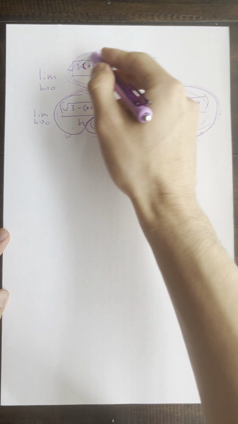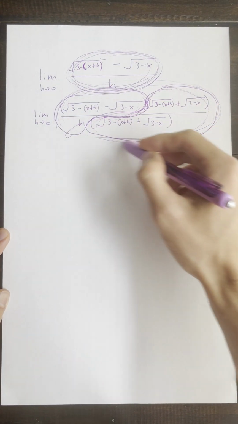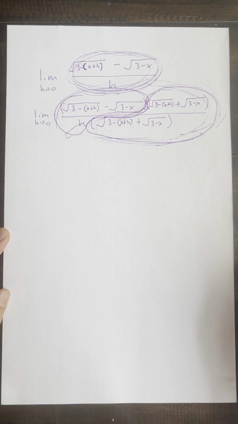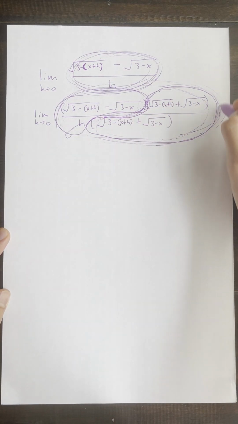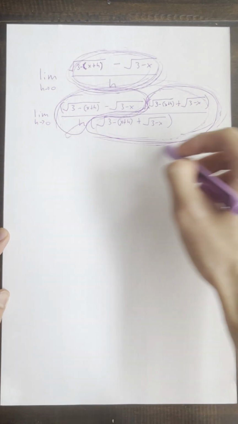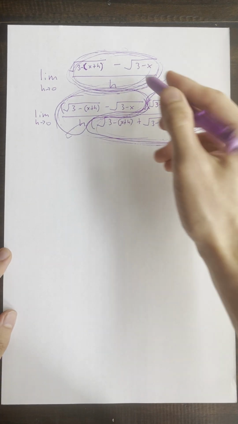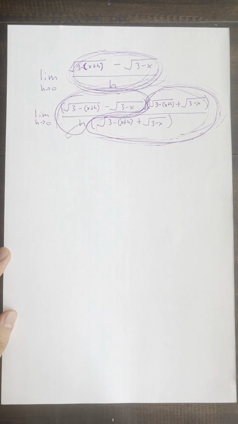So basically I took this and multiplied it by how much? I multiplied it by 1. So this and this are the same value, just rewritten. So that's why this step works. The next step will involve simplifying the top.